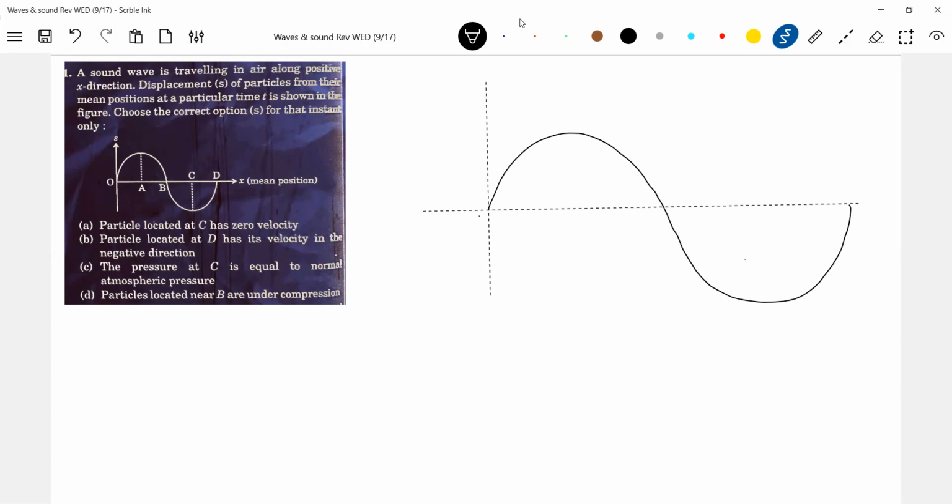O, A, B, C, D. There's a displacement, or you can write it any of the ways, and there's a time. Or say y of x, sorry, not y of t.